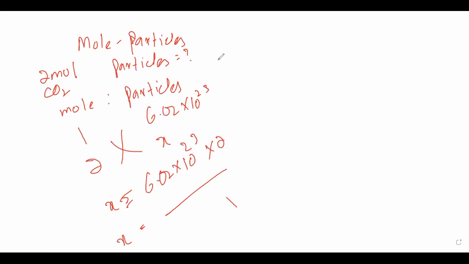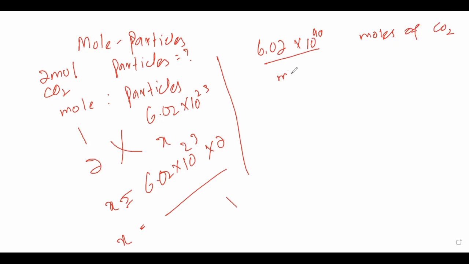And if you have been given the particles, suppose you have been given 6.02 multiplied by 10 raised to 40 particles, find out the moles of carbon dioxide. So you write mole, ratio of particles. 1 mole is always equal to 6.02 multiplied by 10 raised to 23.